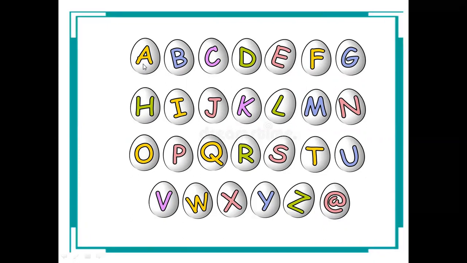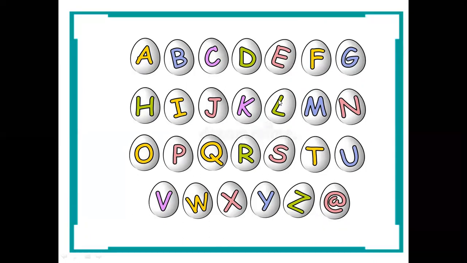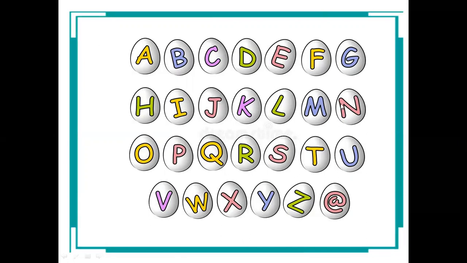What is this? A, B, C, D, E, F, G, H, I, J, K, L, M, N, O, P, Q, R, S, T, U, V, W. And today we will learn these two letters, okay?